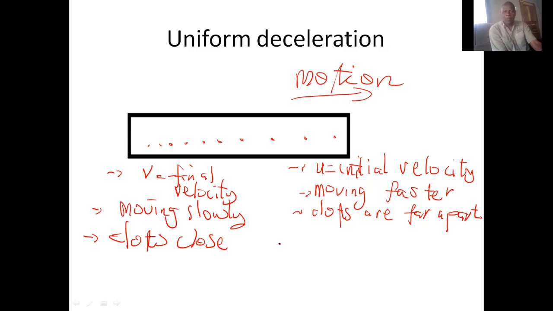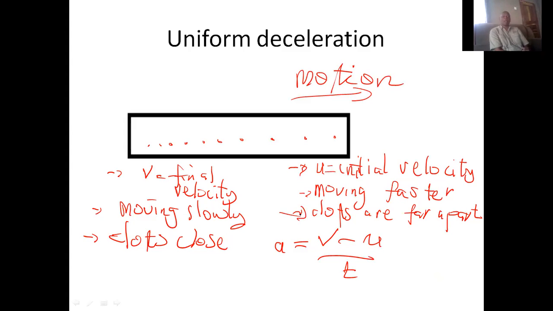When we calculate acceleration, which is equal to final velocity minus initial velocity over time, we notice that the initial velocity is greater than the final velocity.